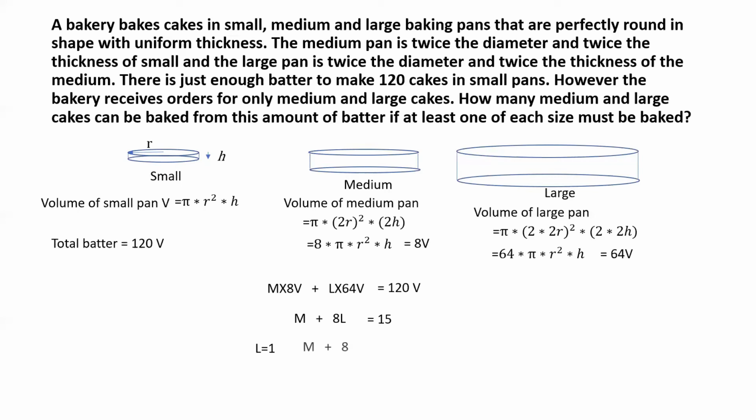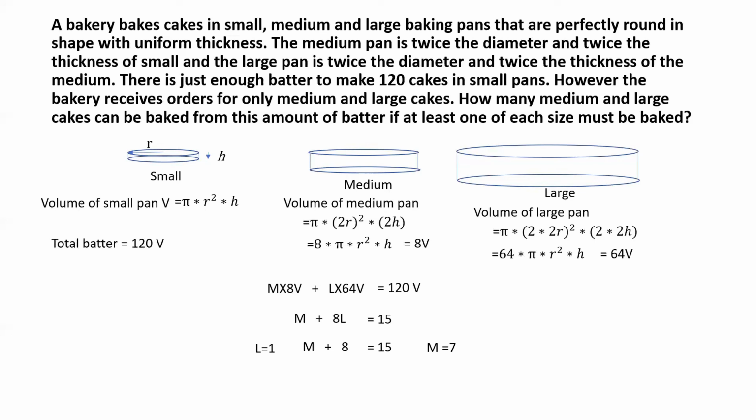So if L is equal to 1, then this equation still needs to be valid. M plus 8L still needs to be 15. So we substitute L equal to 1, and we get M plus 8 is equal to 15, which makes M equal to 7. So that's definitely one possibility. So we can make one large cake and 7 medium cakes with this amount of batter.